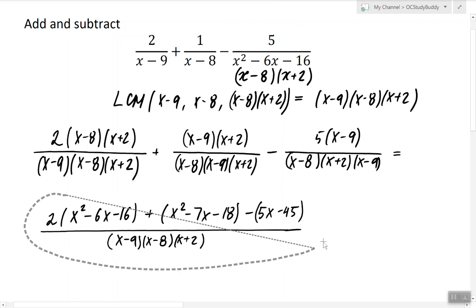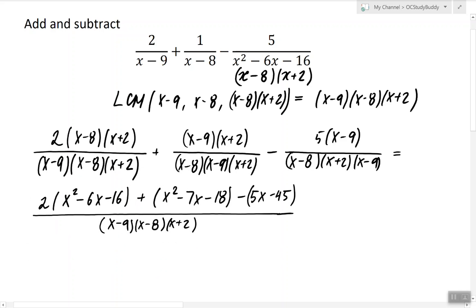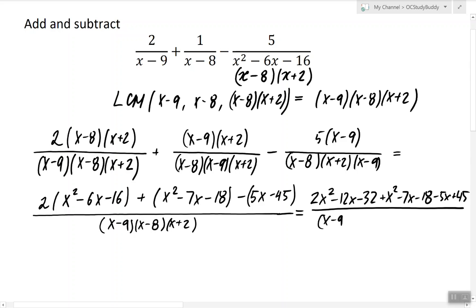So we would have to do an extra step here to distribute the numbers, and then we'll combine like terms. So we have 2x squared minus 12x minus 32 plus x squared minus 7x minus 18 minus 5x plus 45. All that is divided by x minus 9, x minus 8, x plus 2.